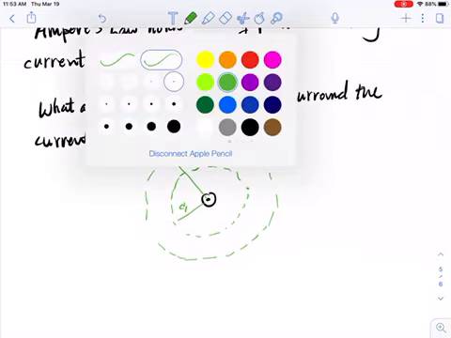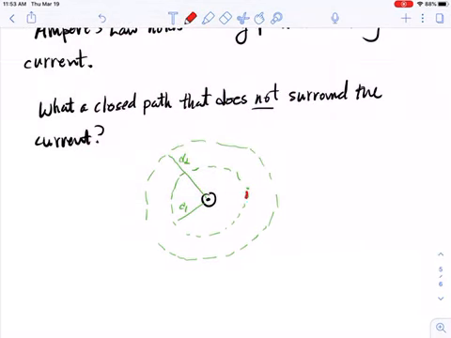This time our path is going to be an arc on d1, and then we'll take a perpendicular out to d2, and we're going to make a closed path like this. So it is a closed path. Maybe we'll traverse this path in the direction shown here.